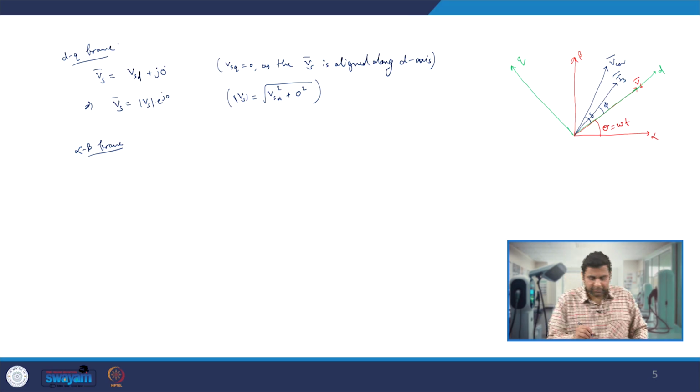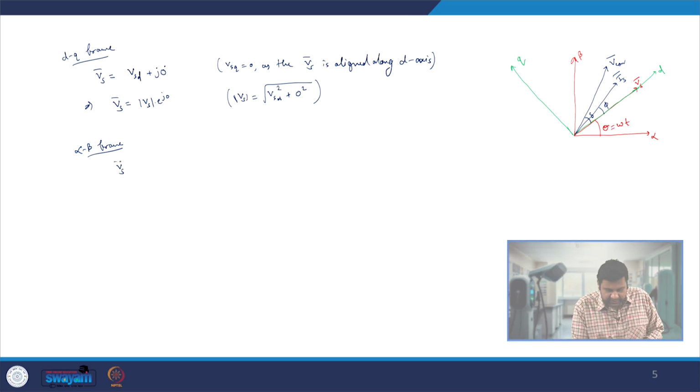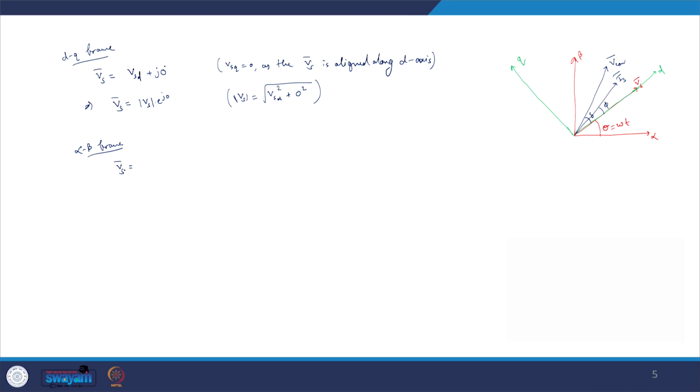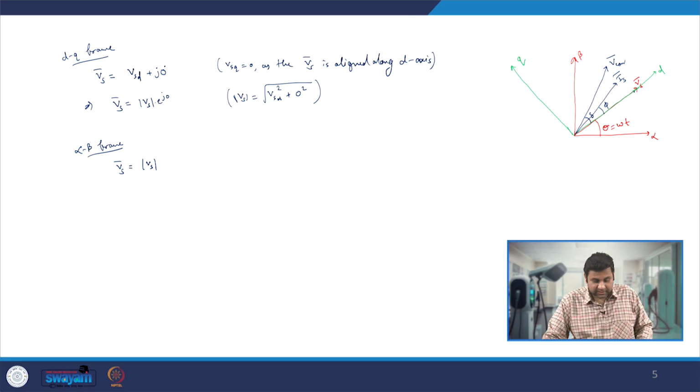So, for the alpha beta frame, we can write the Vs space vector equal to the modulus of Vs. The magnitude will remain the same for this vector, because we have seen that over the 360 degree period the magnitude of this Vs space vector remains the same. So, the amplitude will remain the same. However, the angle by which the alpha and beta axes are away from the dq axes is there.